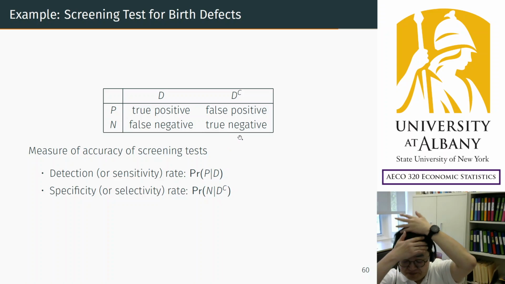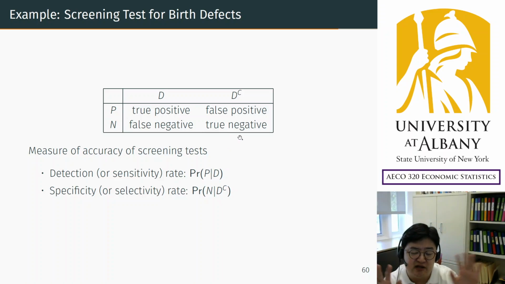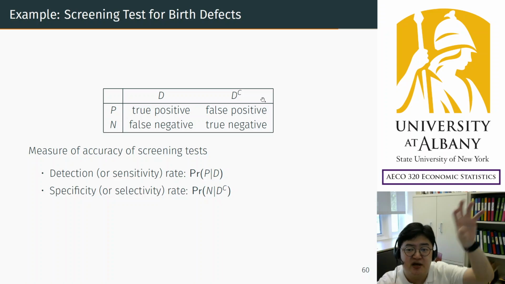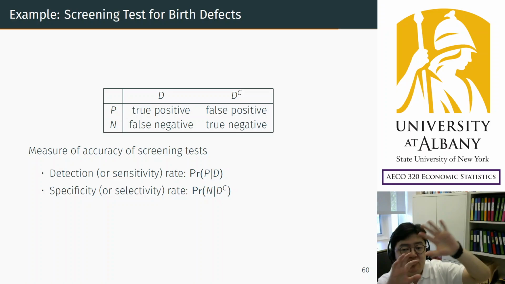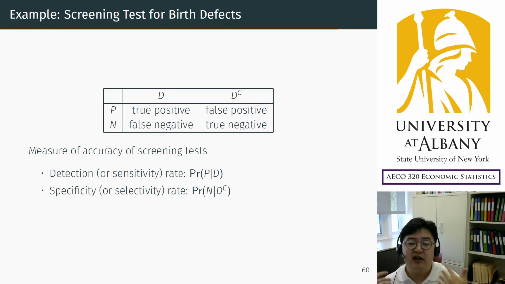So there are four types of results, and a better medical test will have high probabilities on true positive and true negative, and close to zero on false positive and false negative. False positive and false negative will be close to zero, and true positive and true negative will be close to 100% if the test is good.